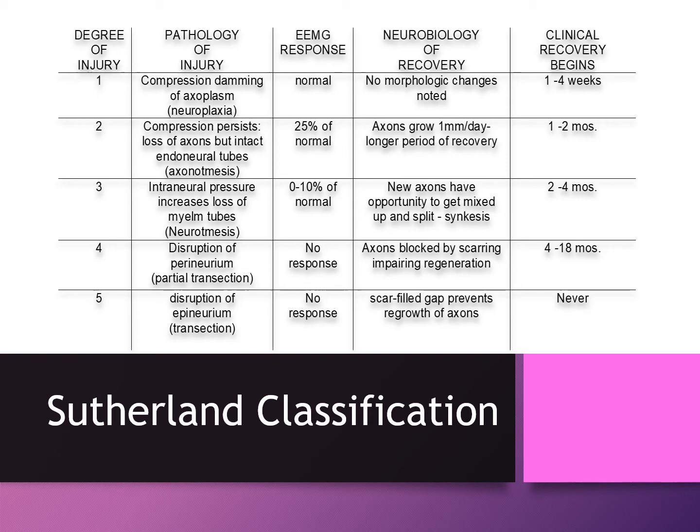In the second degree, recovery within 1 to 2 months. In the third degree, 2 to 4 months. In the fourth degree, 4 to 18 months. However, in the fifth degree, there may never be recovery of the function of the nerve because the scar-filled gap prevents regrowth of axons.